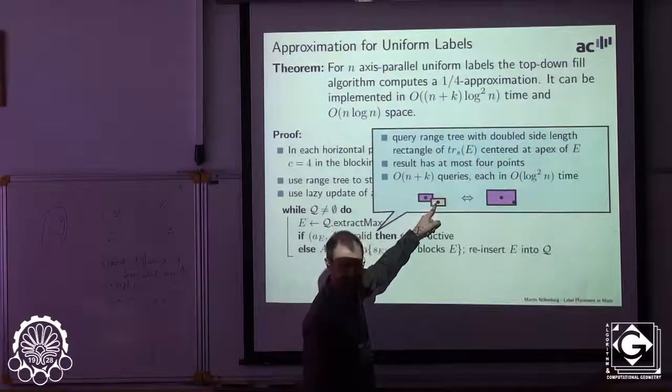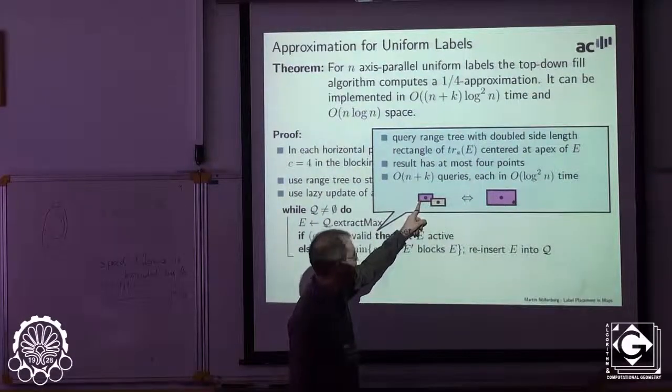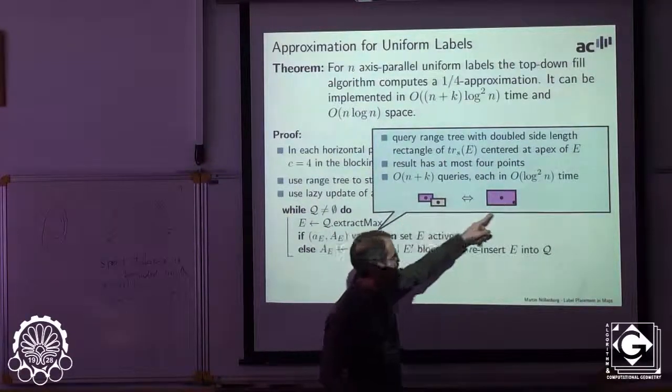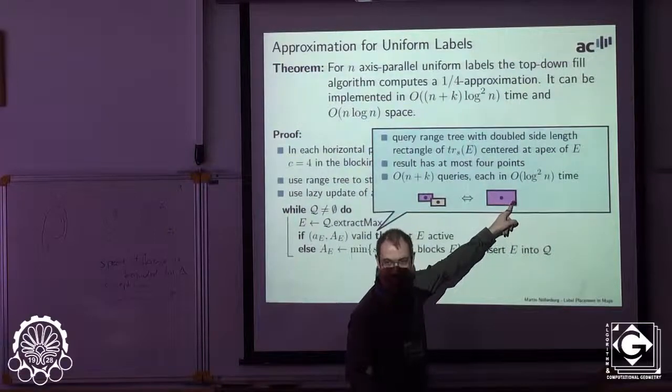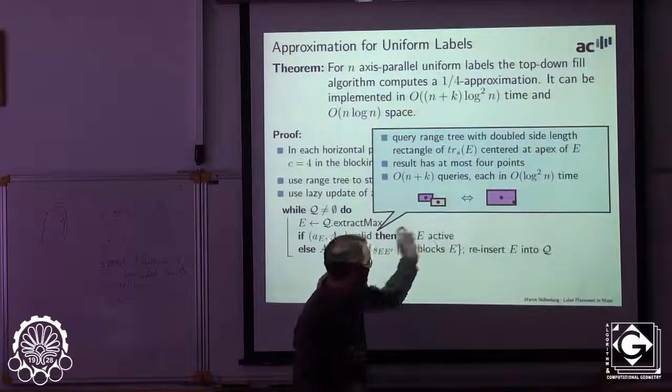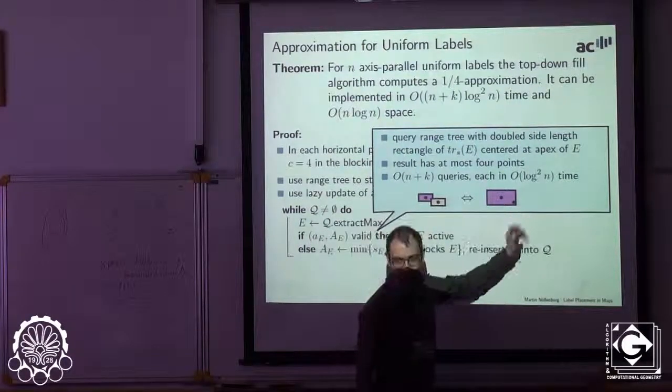You see they cannot be placed together, they intersect. In order to find this out from the ground point, we take a rectangle that has twice the side length of the label that we want to place and do a query in the range tree. And if the point of the tip of the pyramid is contained here, you know that the distance is so close that up here they will intersect. And if it's outside, we're happy.